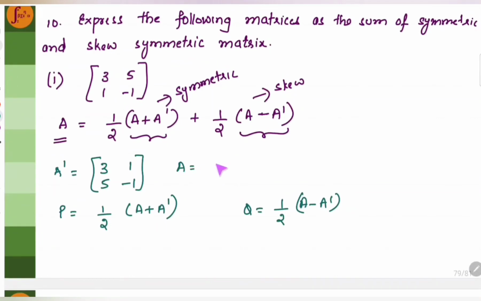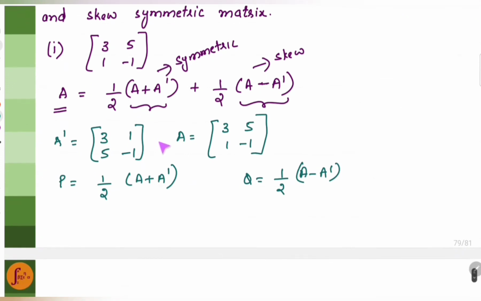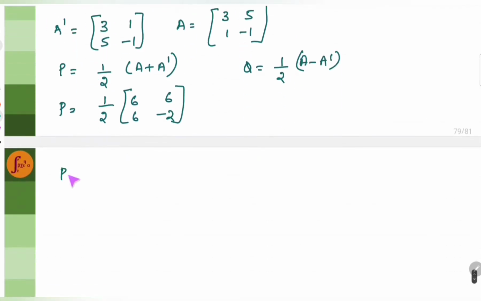This is A. A is equal to 3, 1, 5, minus 1. Let's add both of these. When we add both of these, we're going to get 6, 6, 6, minus 2. And then we're going to multiply this with half. So we're going to get P is equal to 3, 3, 3, minus 1. This is matrix P.